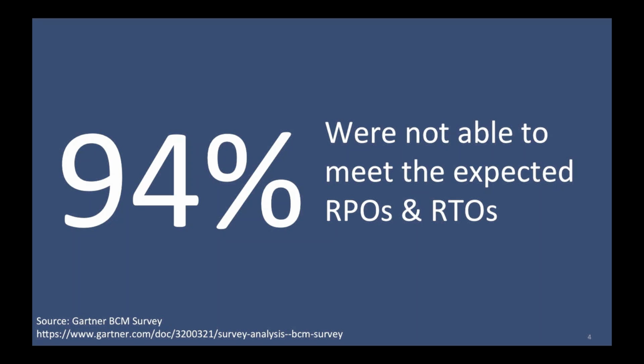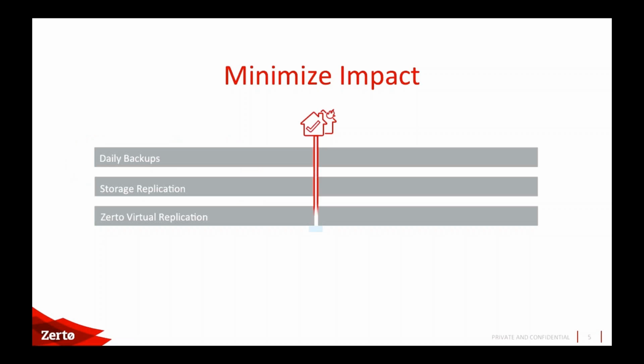In an uninterrupted world, as we get more and more connected, RPO, or recovery point objective, has become significantly smaller. And so what we've seen is that customers are really looking to minimize that downtime.